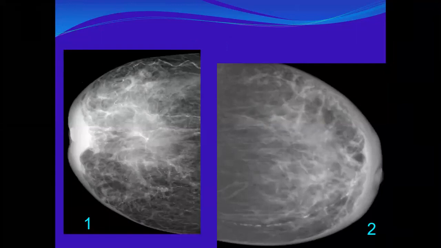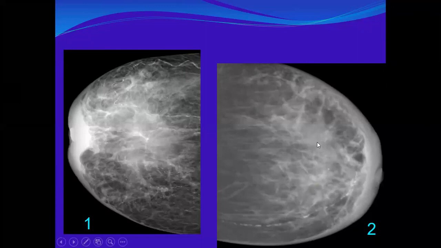I think more than 4C. I give her 5 because there is an associated feature, nipple retraction and asymmetry. But the left one I will report as 4 because the nipple is not retracted. No, there is retraction.